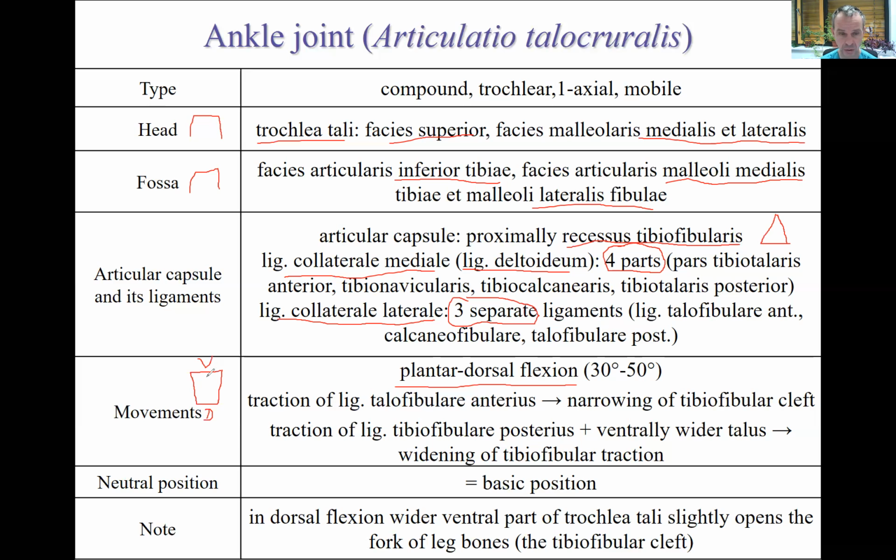And the dorsal flexion you perform, of course, ventrally on the foot. If this is the foot and leg with the ankle, then dorsal flexion is this movement. So the movement which is performed on the ventral aspect of the bone.